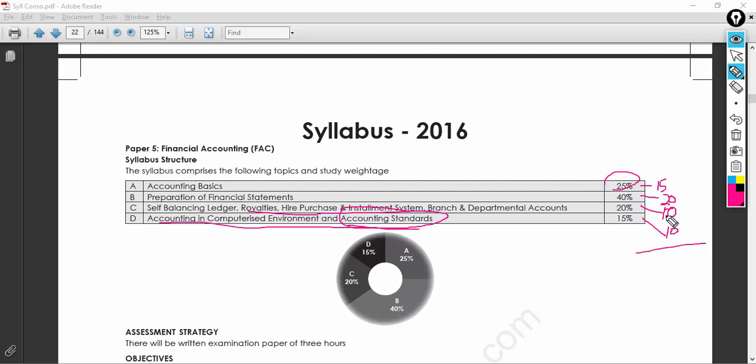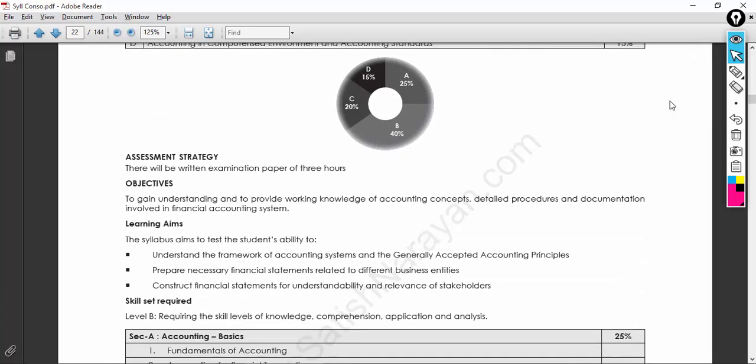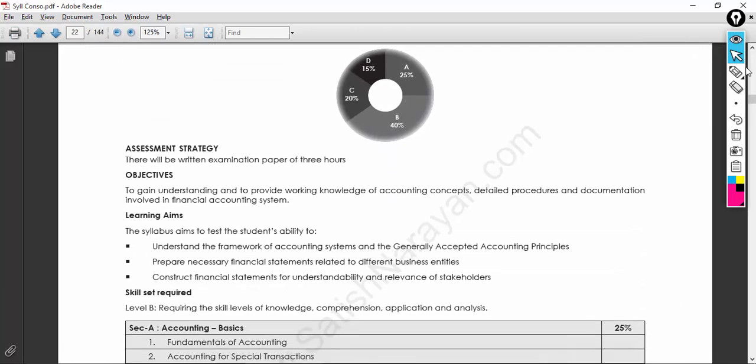So 10, 20, 40, 50, 55. I'm taking the worst number. In case you're good in these things, it might go more than 55, provided you put your heart and soul, effort, passion, as I already mentioned to you guys in my previous videos. So coming to the assessment strategy, you have the assessment strategy.